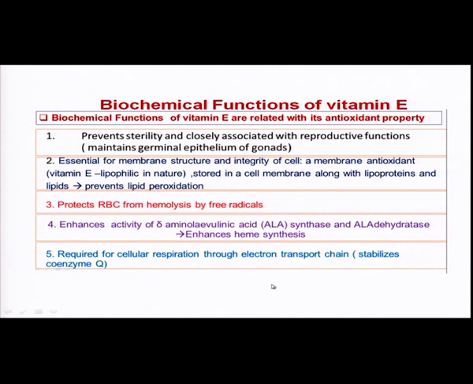Coenzyme Q is a very important component of the electron transport chain. The electron transport chain acts as the hub of electron flow in generating the power. Whatever has already been generated as ATP has to be recirculated, and there should be continuity of function.